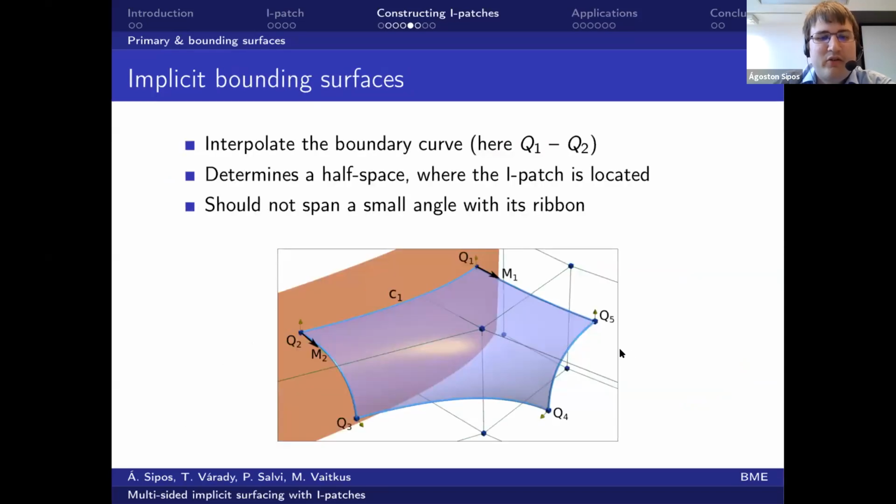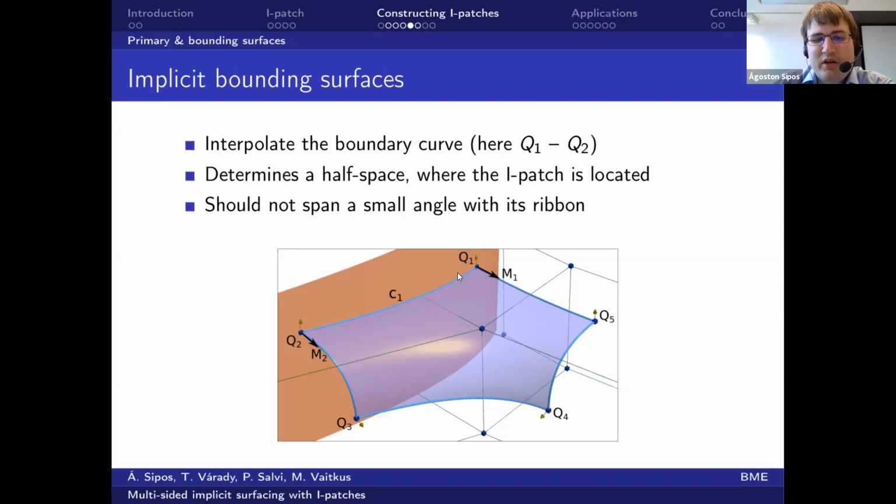The bounding surface must also interpolate the boundary curve. It needs to be a surface which designates the location of the eye patch in the appropriate half space. You will see why in the next slide. I have already mentioned that the bounding surface should never coincide with the primary, because then they would not have the boundary curve as their intersection.